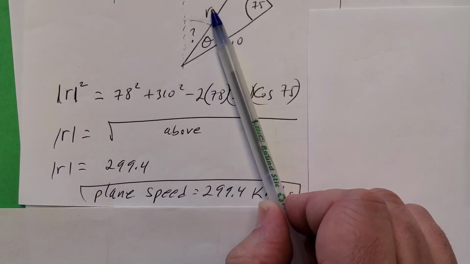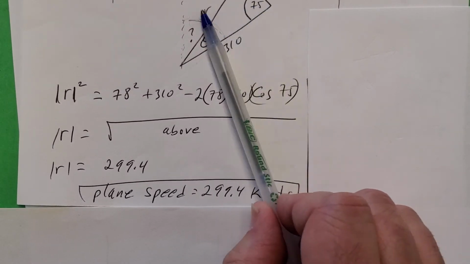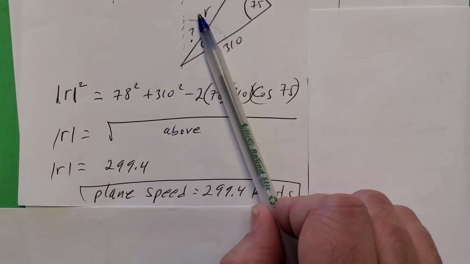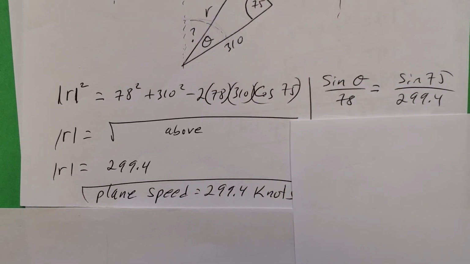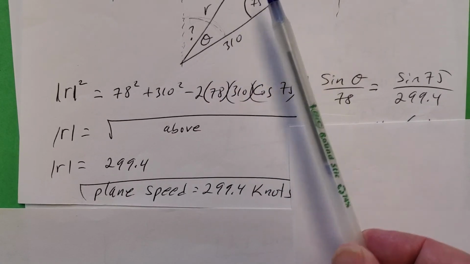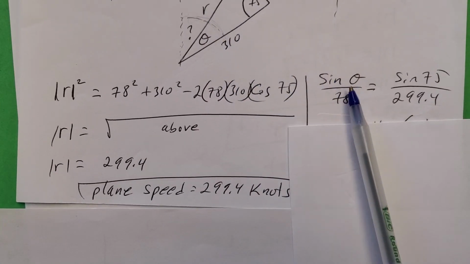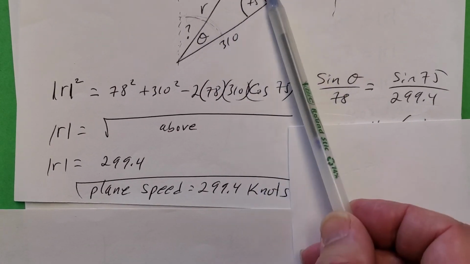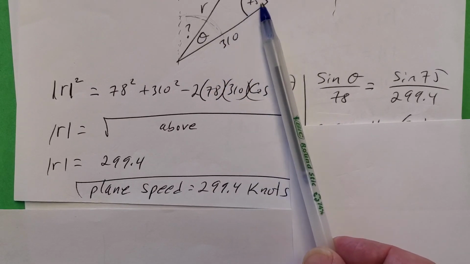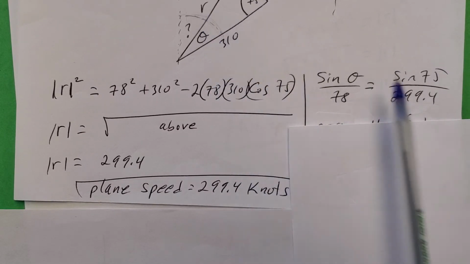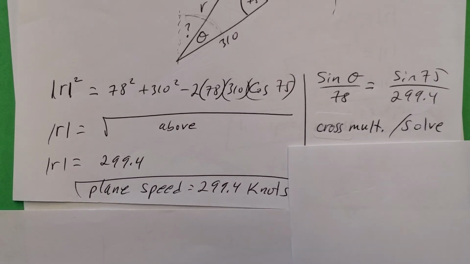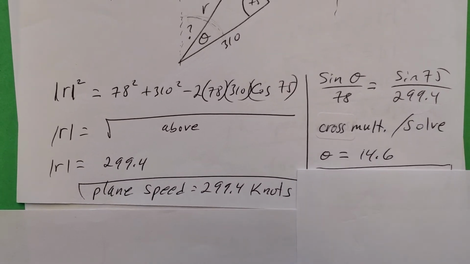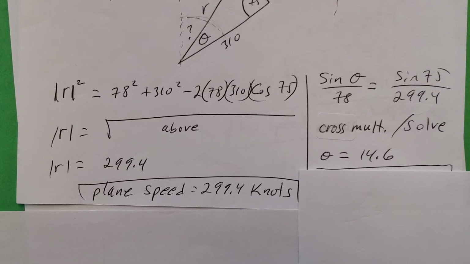Well, now that we know r, we can use the sine rule because we have an opposite side and angle pair. So this goes with this, and this goes with this. So sine theta over 78 equals sine 75 over r, which is 299.4. Do the cross multiplying and solve, and you get theta is 14.6.